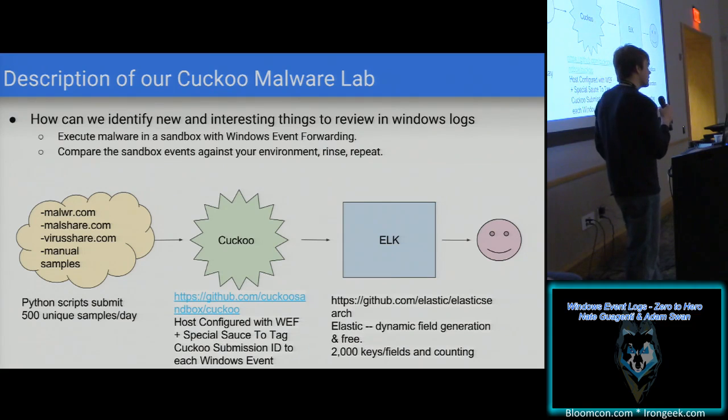In Elastic, there's a URI that you can click, and it'll take you to the Cuckoo information. So if there's an interesting event and a new sample we want to take a look at, based off the event ID, we can go in and take an actual look at that sample to see what it's doing.